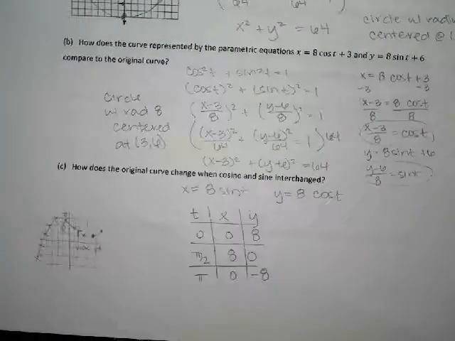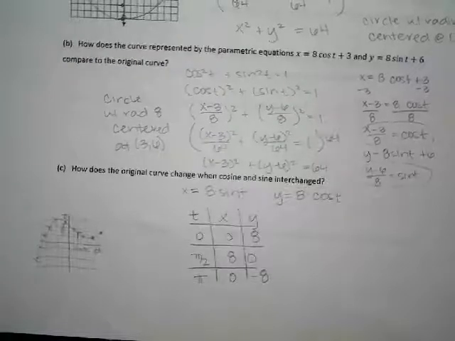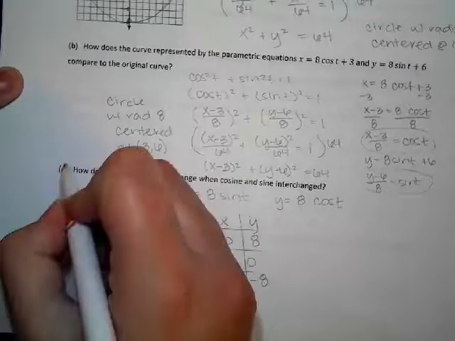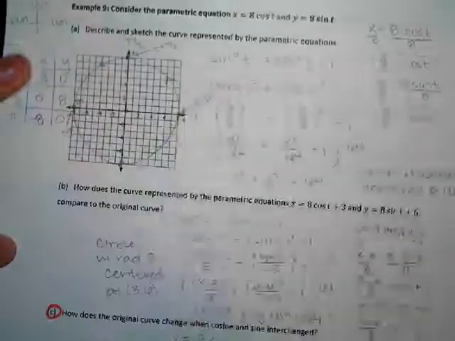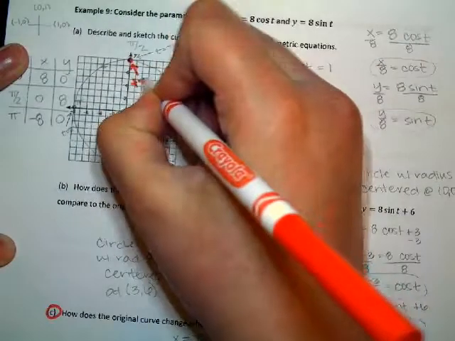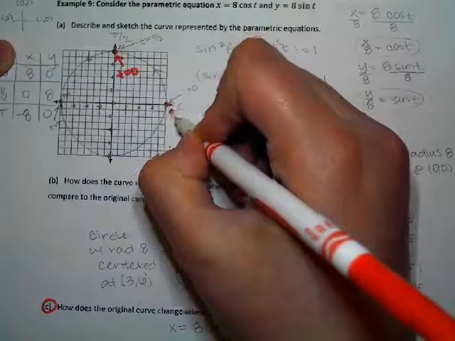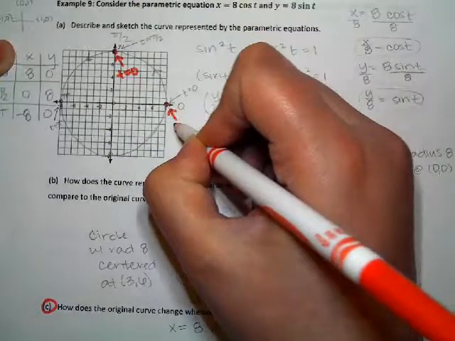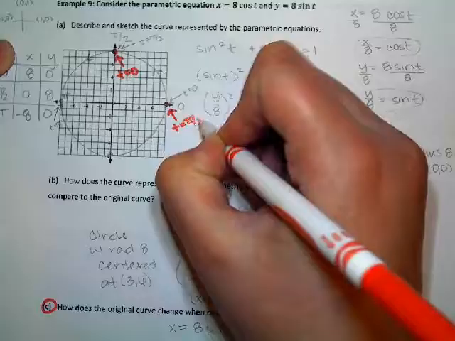This would have been our first point, t equals 0. And then our next point, 8, 0, would have been here, t equals pi halves. And then our next point, 0, negative 8, would have been down here, t equals pi.